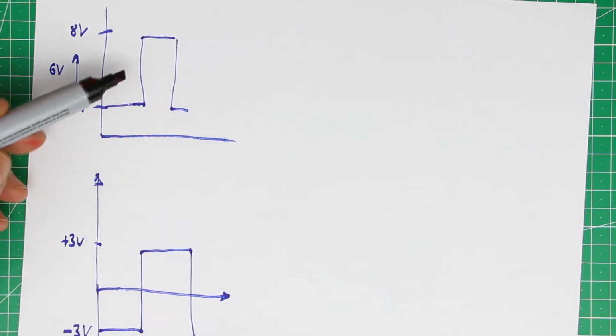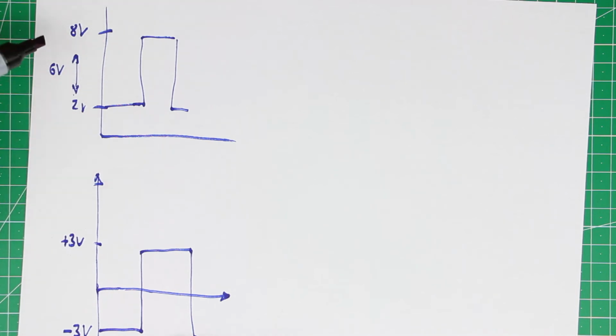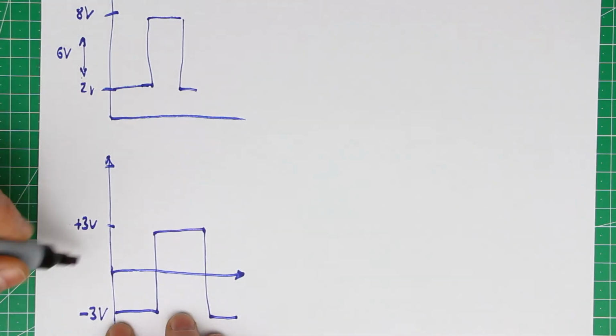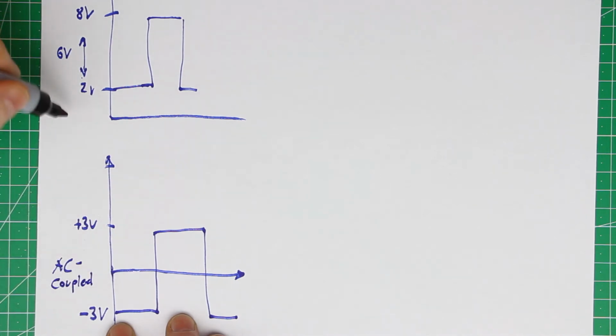The signal has the same shape and the same amplitude. The only difference is the offset. Now let's calculate what we get here from this AC coupled signal, while this signal was DC coupled.